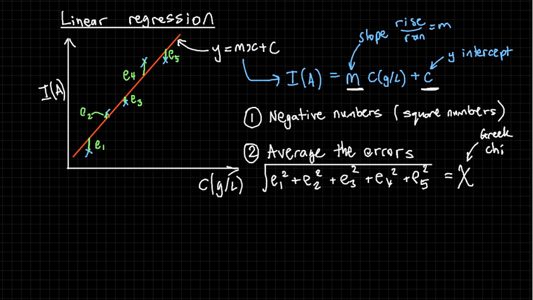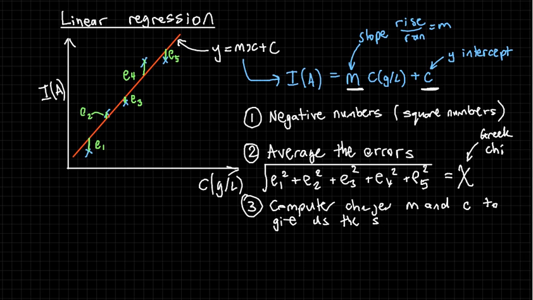And the computer, so this is number 3, the computer changes M and C to give us the smallest chi value, which is the smallest error, and that's what you expect. So next I'll show you how to do it in Excel.